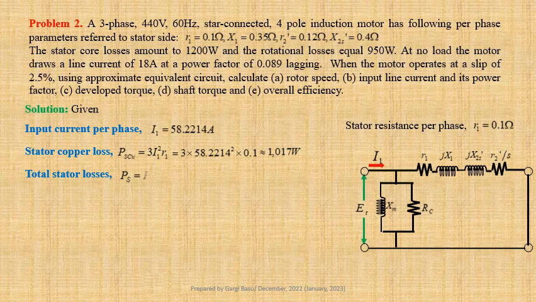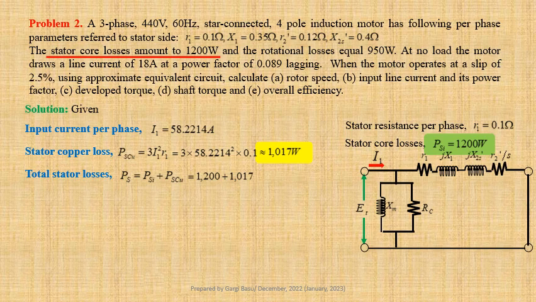Ps equals Psi plus Ps copper. Given stator core losses, Psi equals 1200 watts. Therefore, Ps equals 1200 plus 1017, that is equal to 2217 watts. Now we shall calculate total input power.